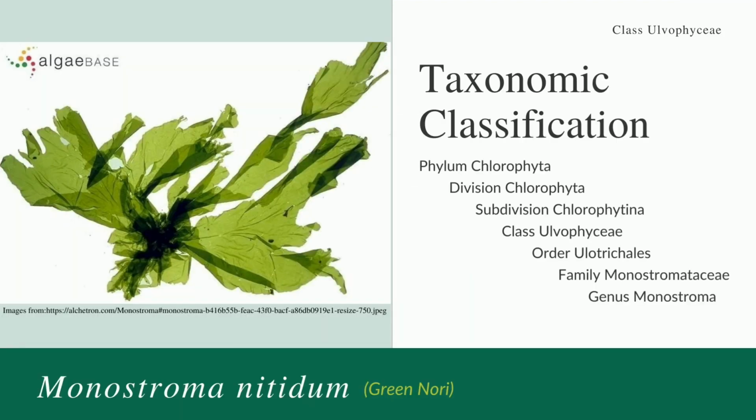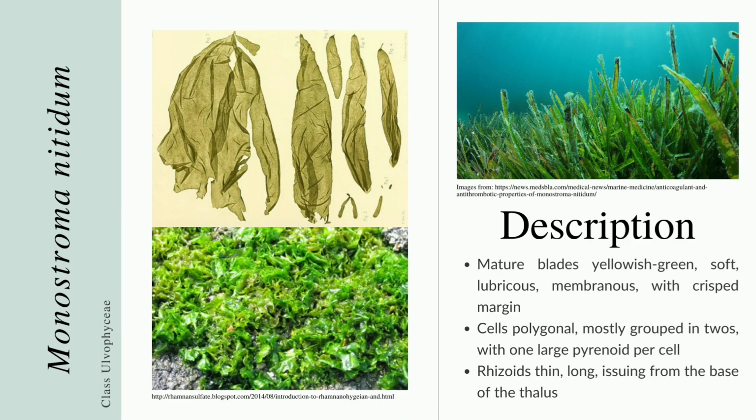Monostroma nitidum, commonly named green nori, is also under phylum Chlorophyta, class Ulvophyceae, however in another order called Ulotrichales, family Monostromataceae, and genus Monostroma. Its thallus is thin, membranous, soft, lubricous, yellowish-green, and at first saccate, later splitting into several blades with crisp margins.